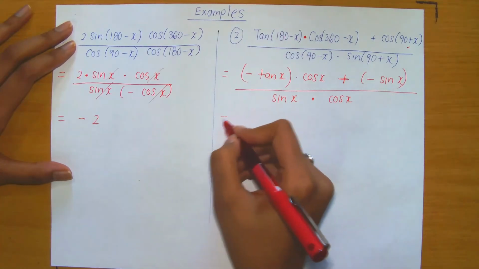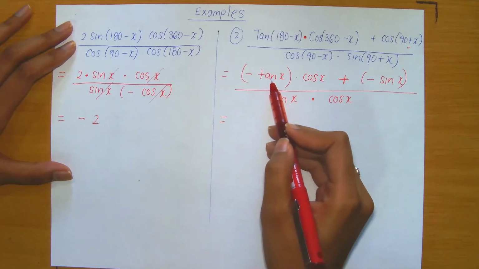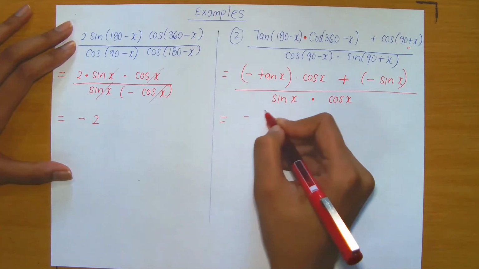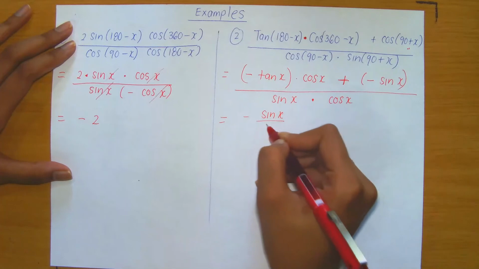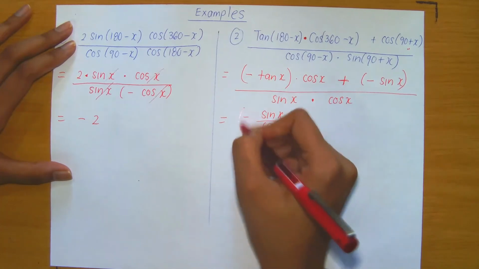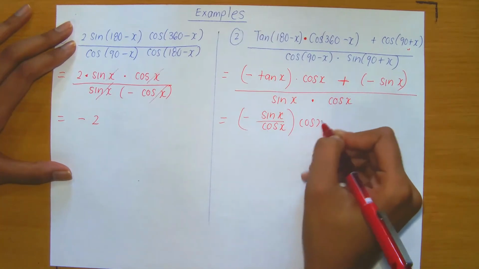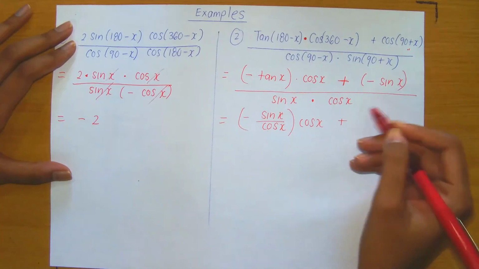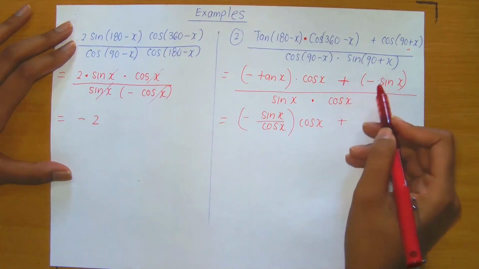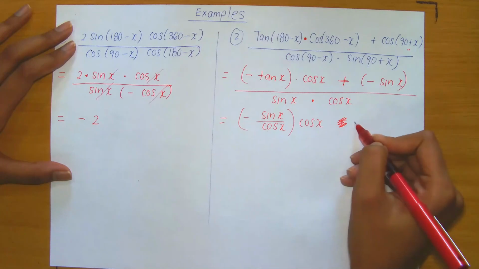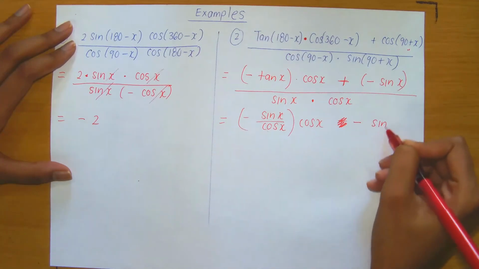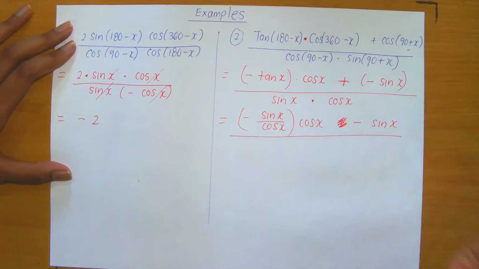Let's now simplify everything that we have. Remember that tan of x can be expressed as sine x divided by cos of x. I'm just rewriting my numerator. We've got a positive and a negative, so if I want to, I could just write that as minus sine x.